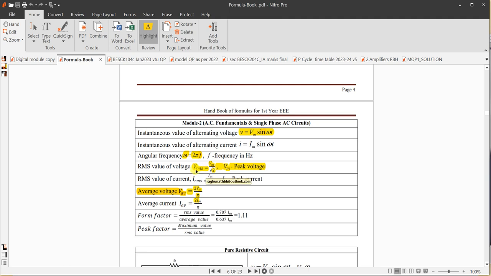Here, Vrms is Vm by root 2. Vm is the peak value. Just now we calculated 5 volts as the RMS value. So Vm is equal to root 2 times Vrms.